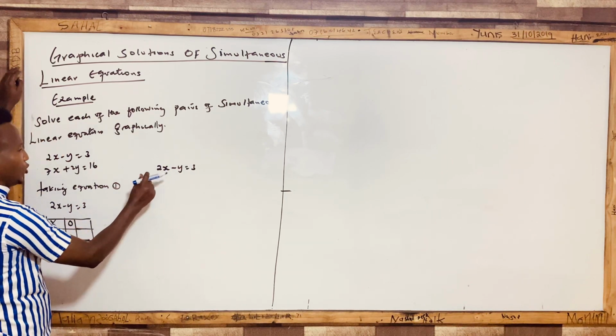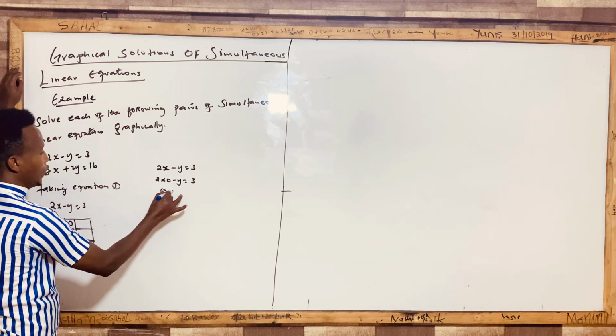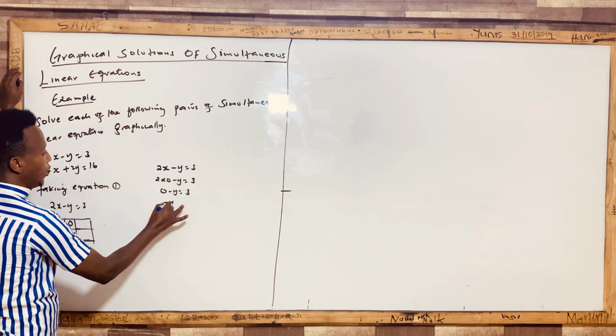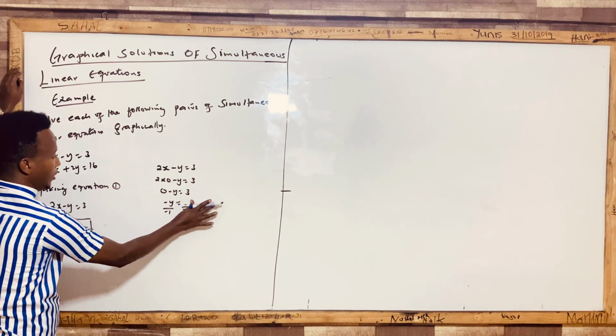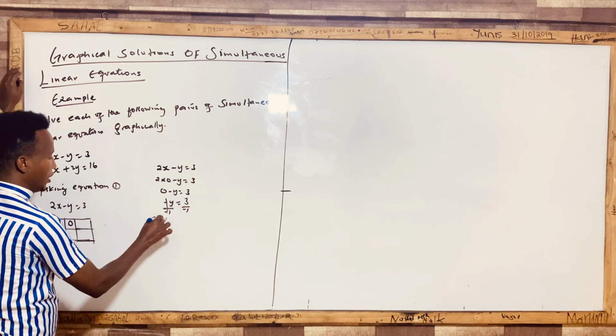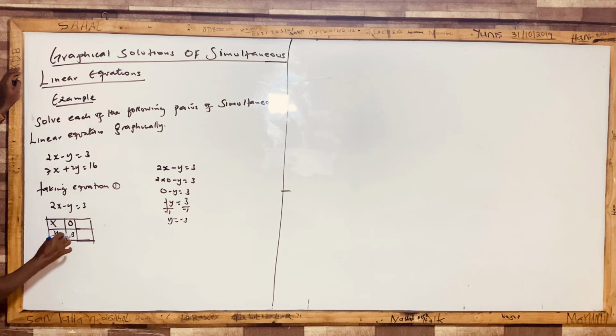You said x is 0, so you say 2 times 0 minus y is equal to 3. 0 minus y is equal to 3, so you have minus y is equal to 3. Divide both sides by -1. So y is equal to -3.